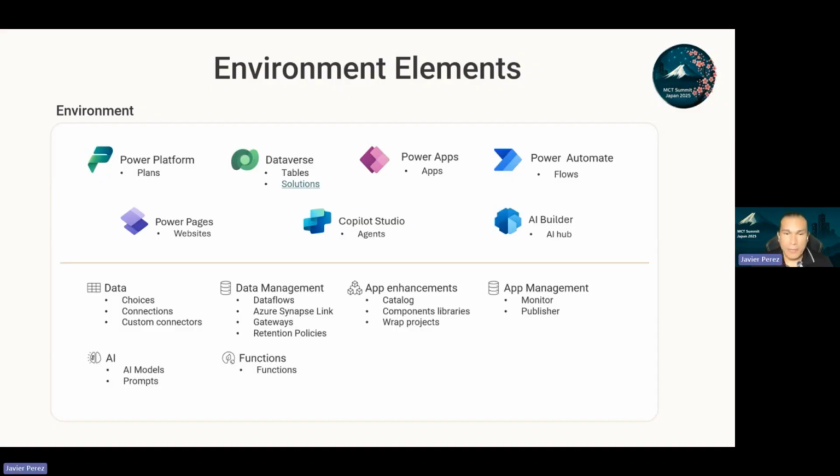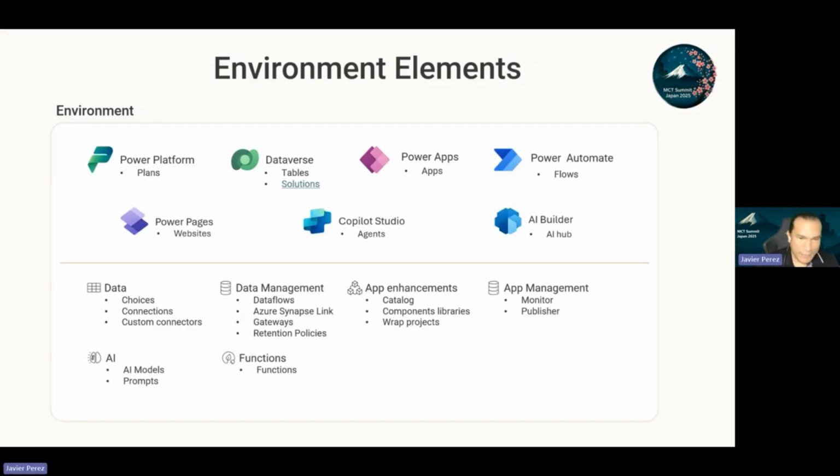We can connect data from another data source, like virtual tables in the database, the solutions that we have in the database, or the agents in Copilot Studio. In Power Pages, we can build websites, and in AI Builder, we have the AI Hub.